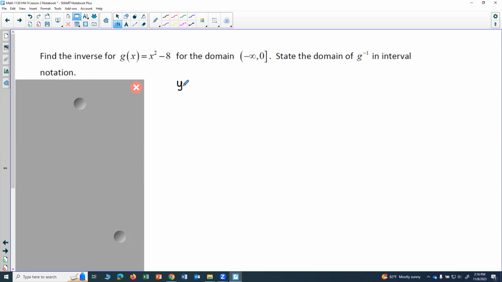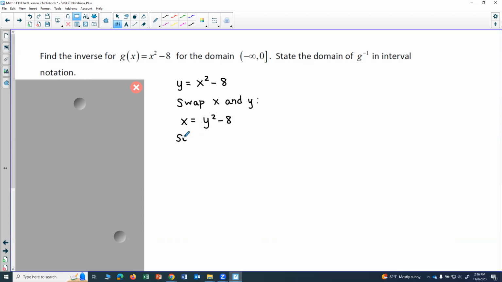So I'm going to start by doing y equals x squared minus 8. I want to swap x and y. So I'll have x equals y squared minus 8.